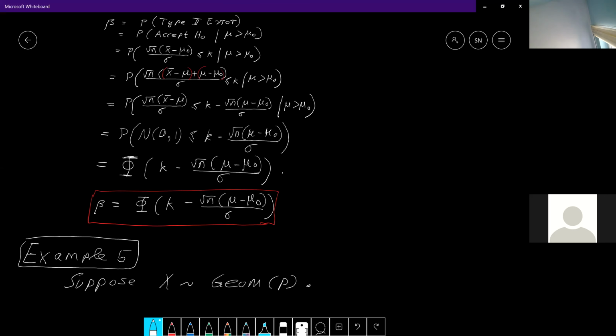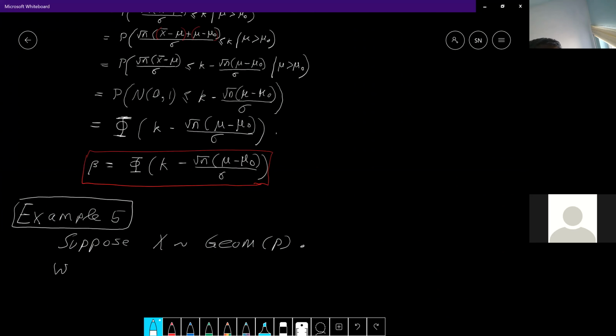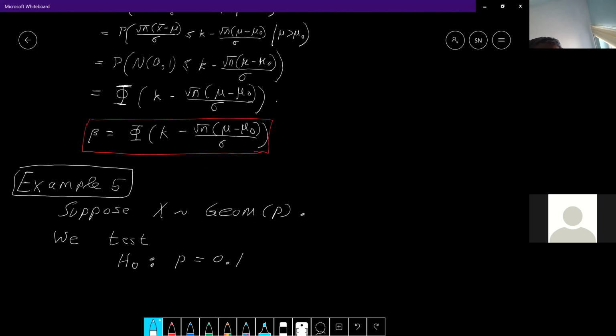And we want to test the null hypothesis that P is equal to 0.1, versus the alternative that P is equal to 0.2.